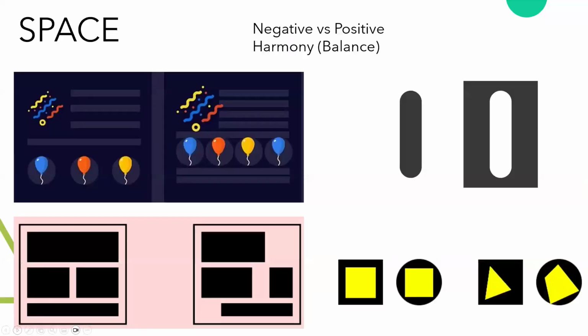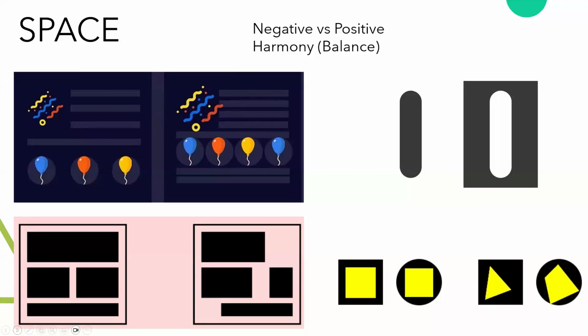Space in itself is a design element. So I gave examples here, right? You will see that there are 4 diagrams here. Let me use the first one, the top left. Now you can see they are the same thing. Elements are there, right? But the use of the element, the use of the space is not the same.